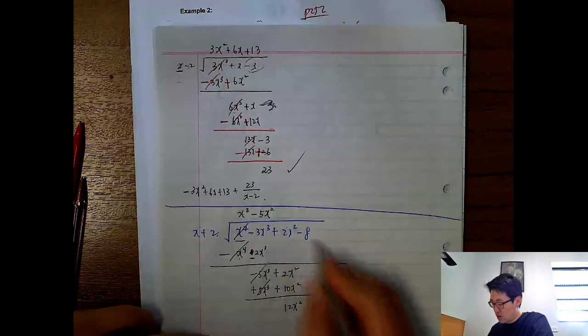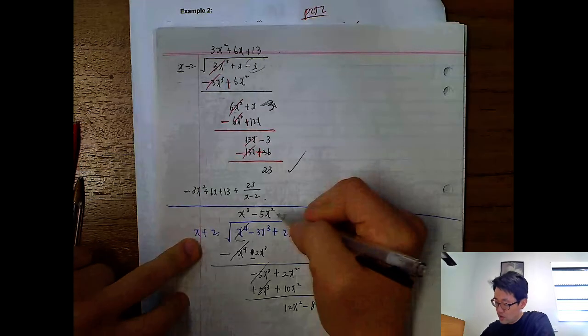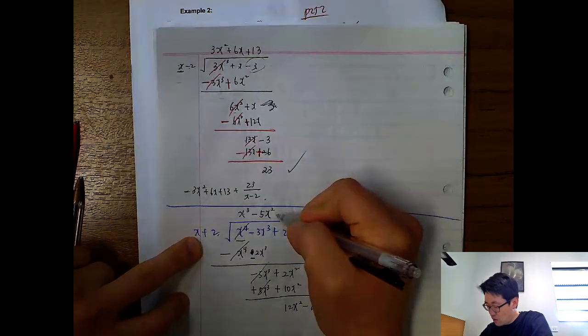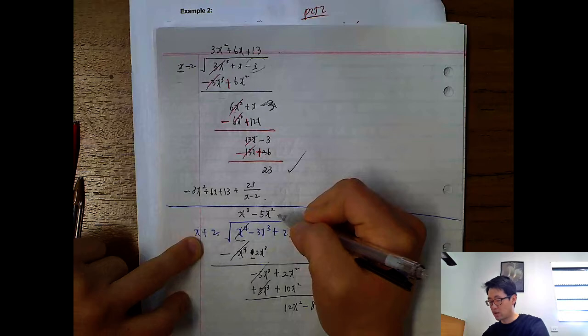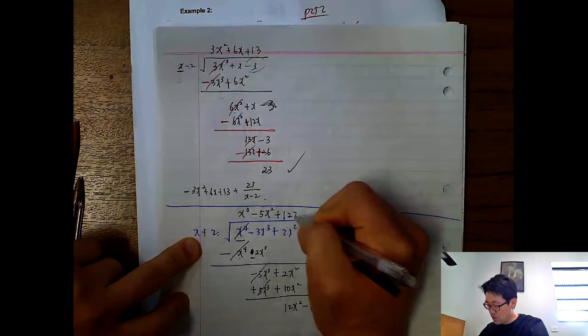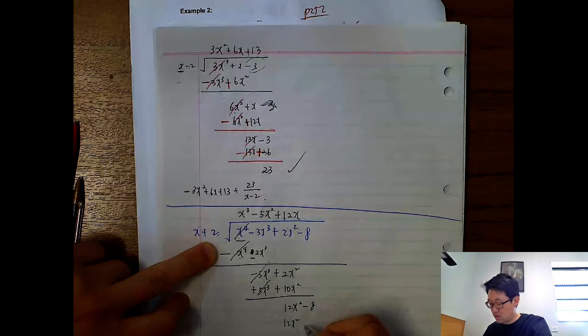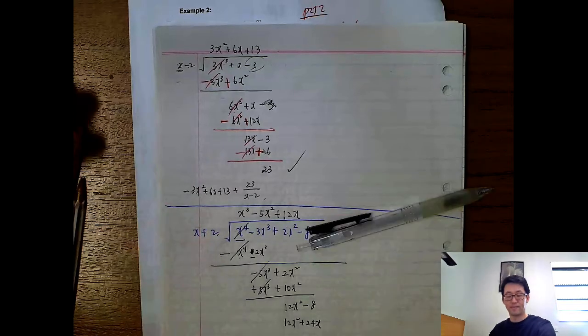And then write down the next number, which is minus 8. So let's continue. X times what will give me 12x squared? Plus 12 times x. So 12x squared plus 24x.